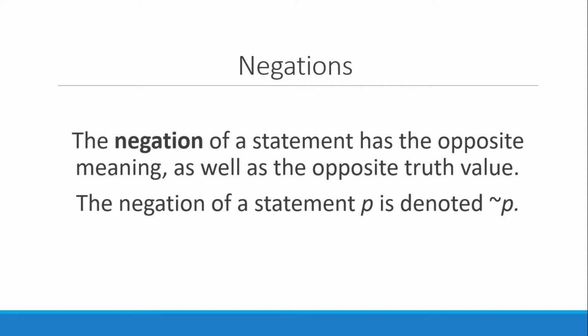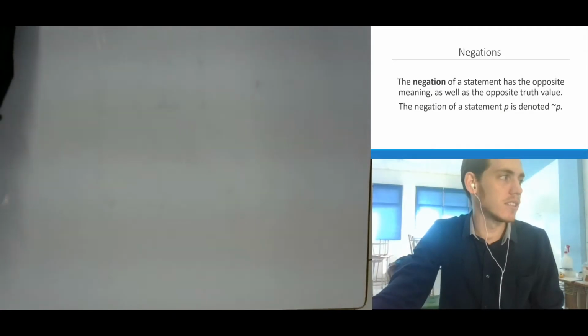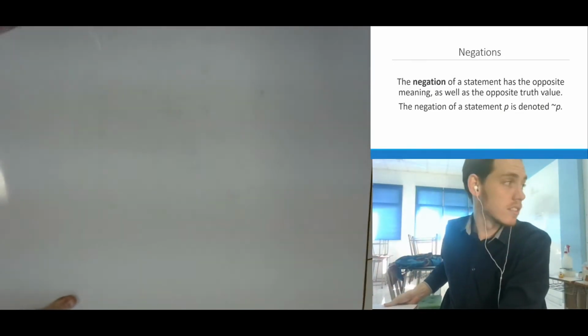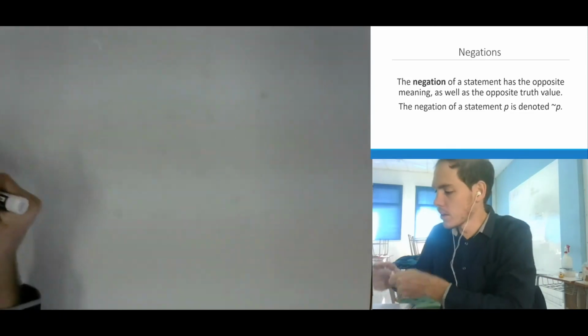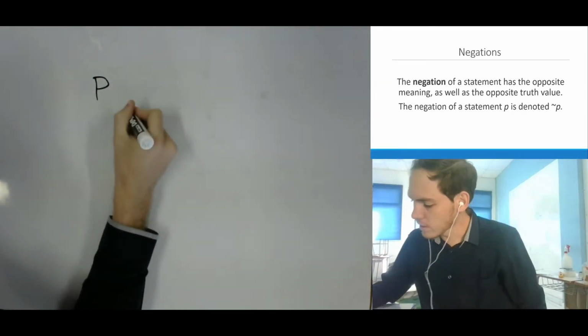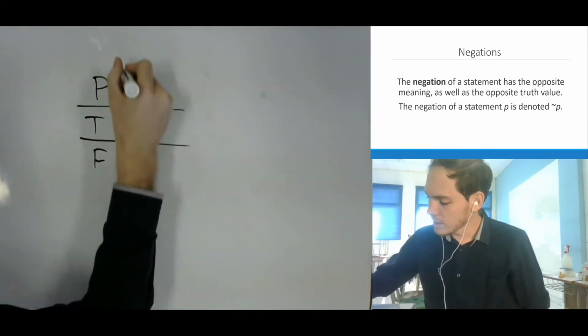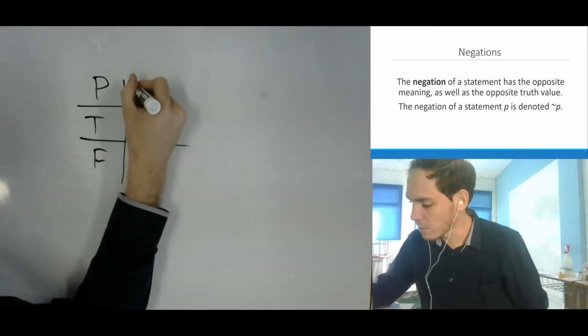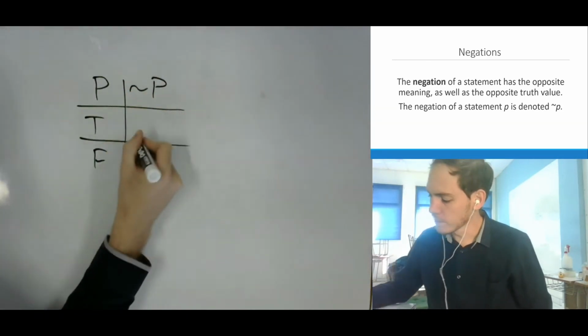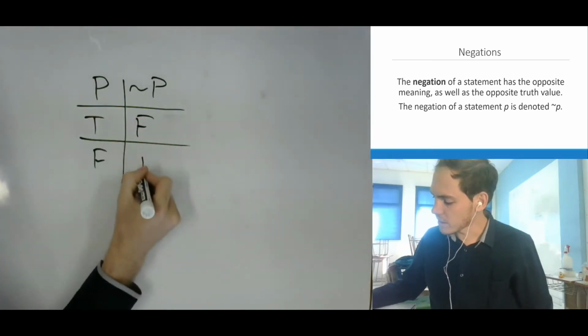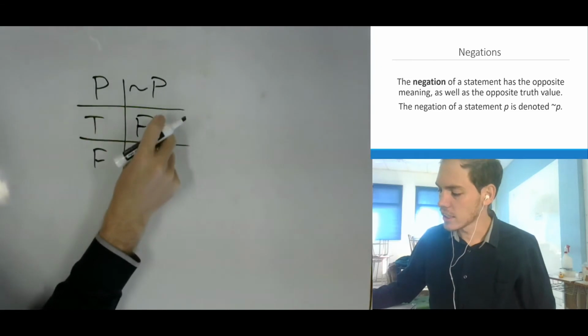So I'm actually going to briefly show you what that looks like. I'm going to show you truth tables. So we have a statement P. P has truth values T and F. Now the negation of P is denoted by this little squiggle and then P. It's going to have the truth values F and T. So when P is true, the negation is false.